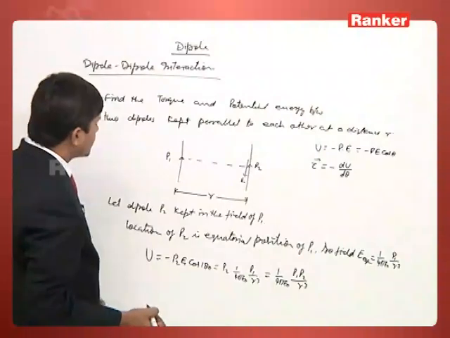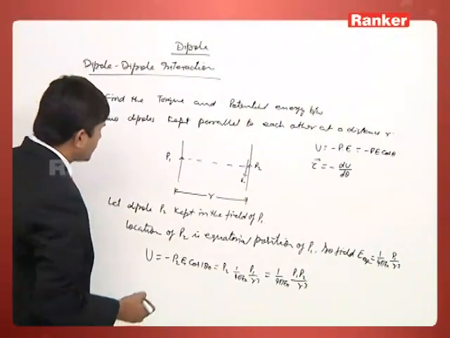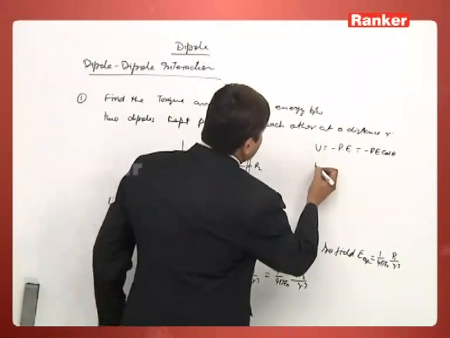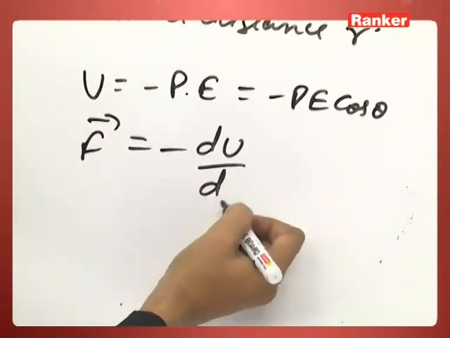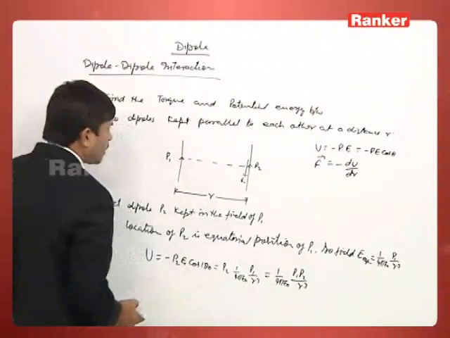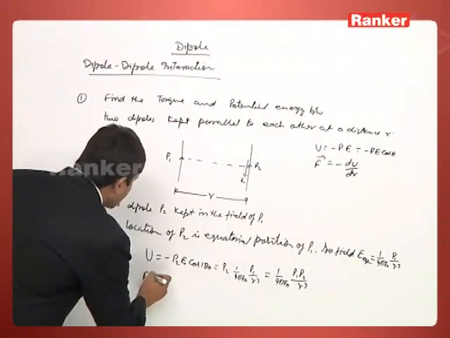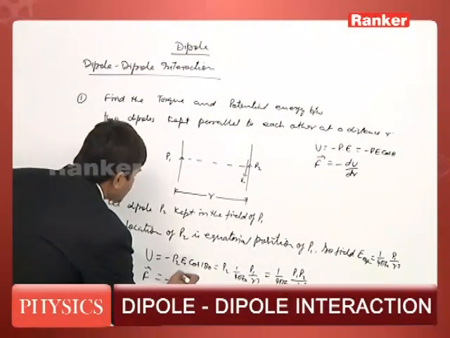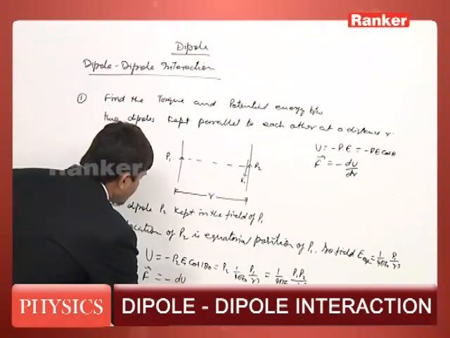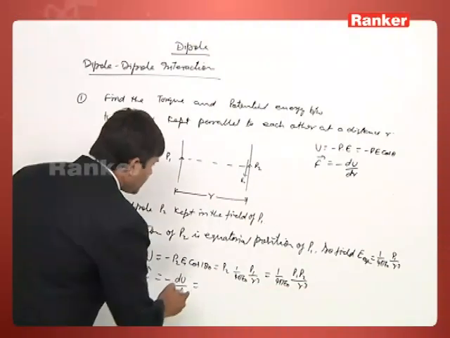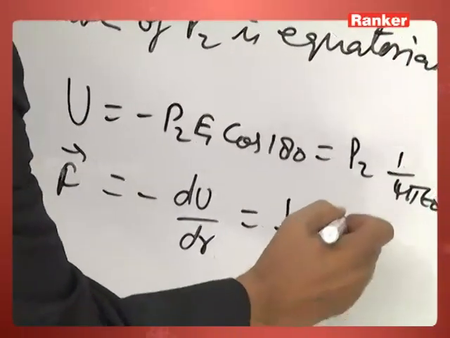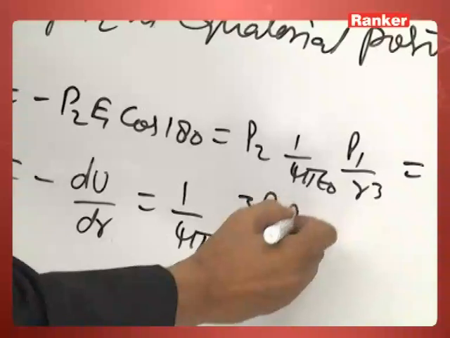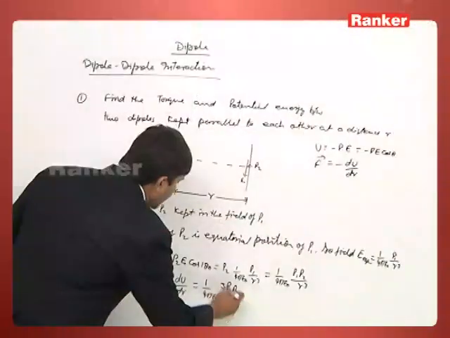So from here we can determine the force. F is equal to minus dU by dr, and after simplifying we get 1 by 4 pi epsilon naught 3 P1 P2 by r cube.